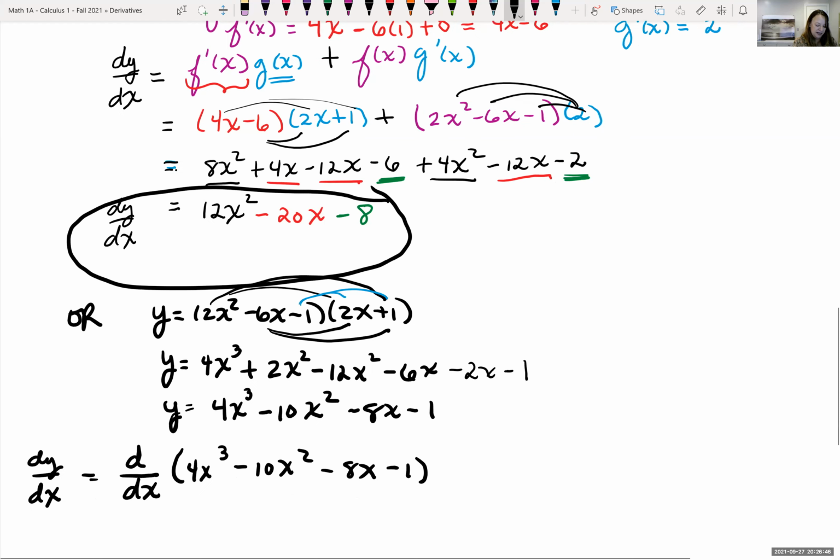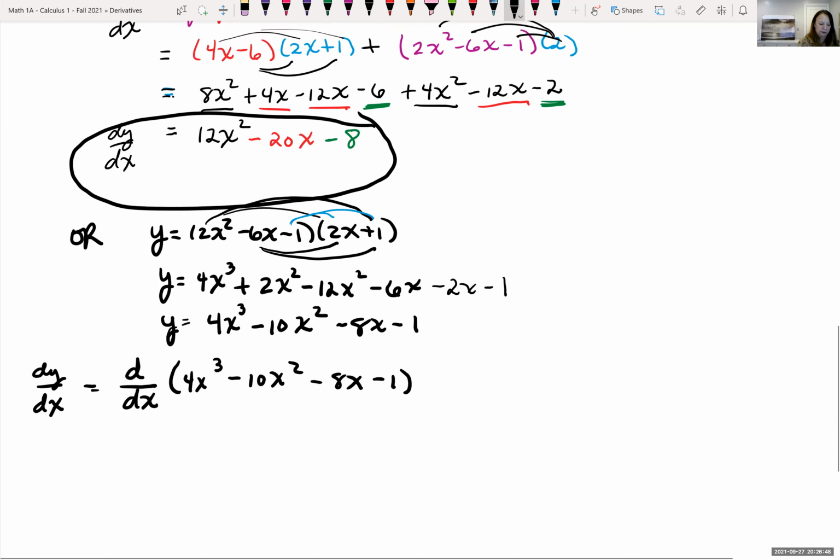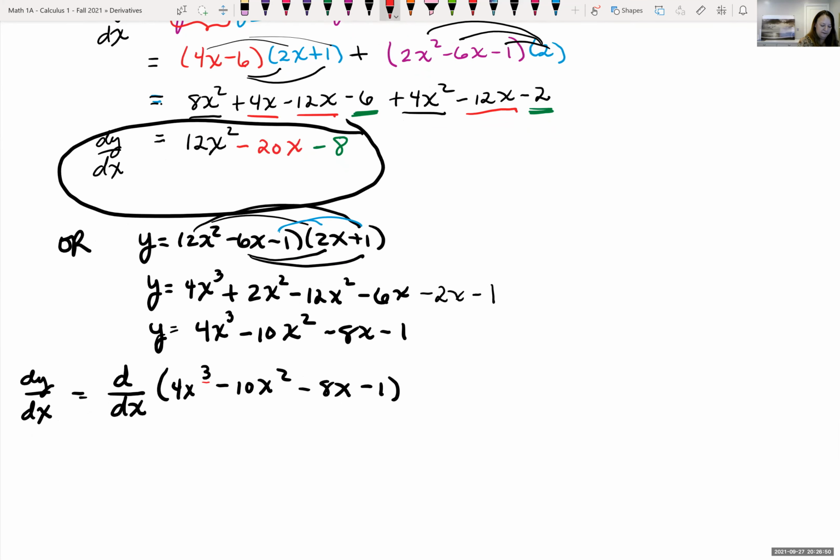So if we now take the derivative, we'll bring our power down front. So we have this 4 times my exponent, which is 3, and now subtract 1 from your exponent. Minus 10, bring your power down front, subtract 1 from our exponent.